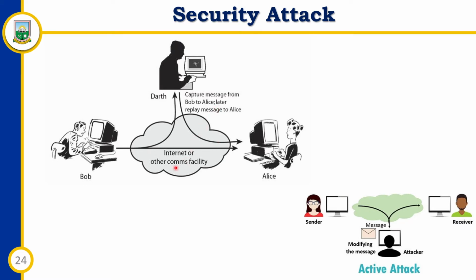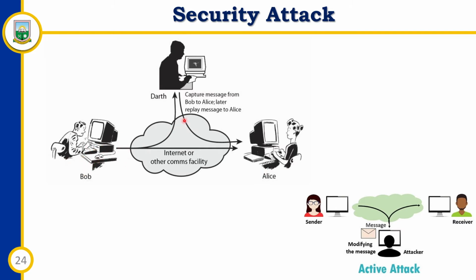So for an active attack, Bob sends the information through the internet or the communication facility, and the attacker rather does not just forward the information. What he does is he picks the information, alters it, and now sends it to Alice. So he captures the information from Bob to Alice, later replays the message to Alice. So Alice will not be able to know the exact information that was sent.